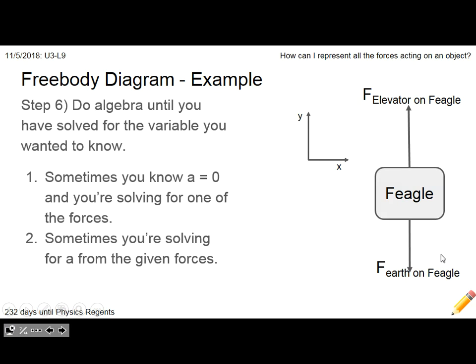For example, in the x direction, we knew A should be equal to 0 because there were no forces. So that's an example of the first way.